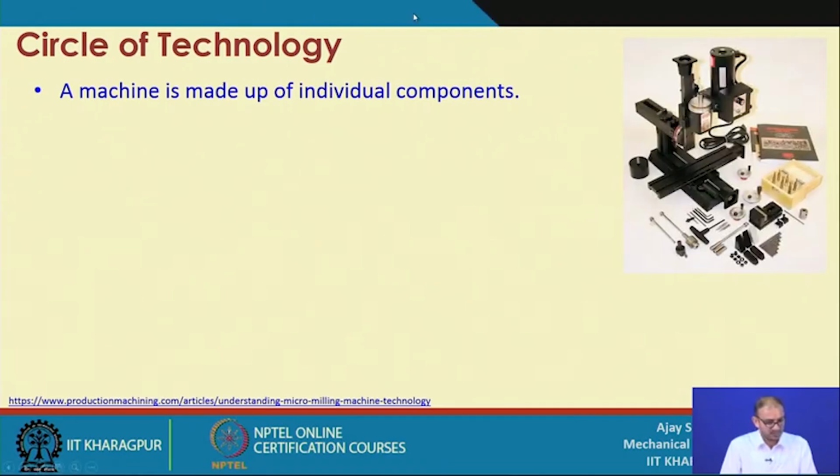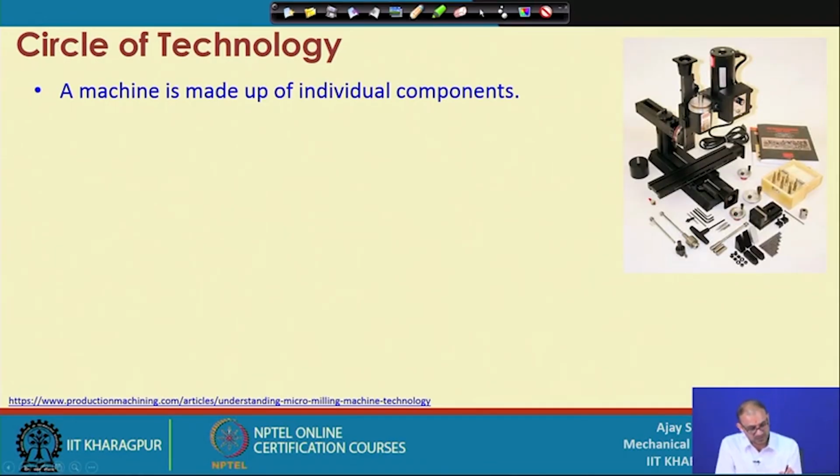Now, if you see this particular thing, this one is the X axis and this is the Y axis, and this one is the Z axis spindle, and all three are linear movements. And once you attach this spindle here, then you will get the spindle rotation.